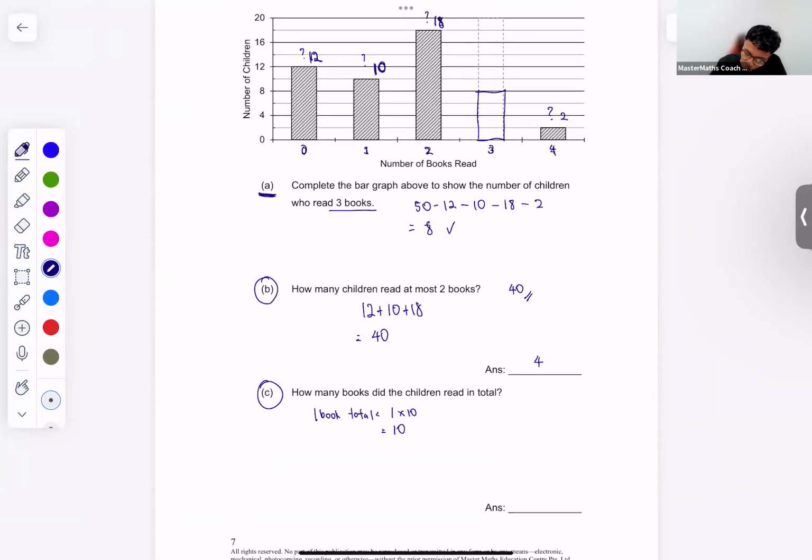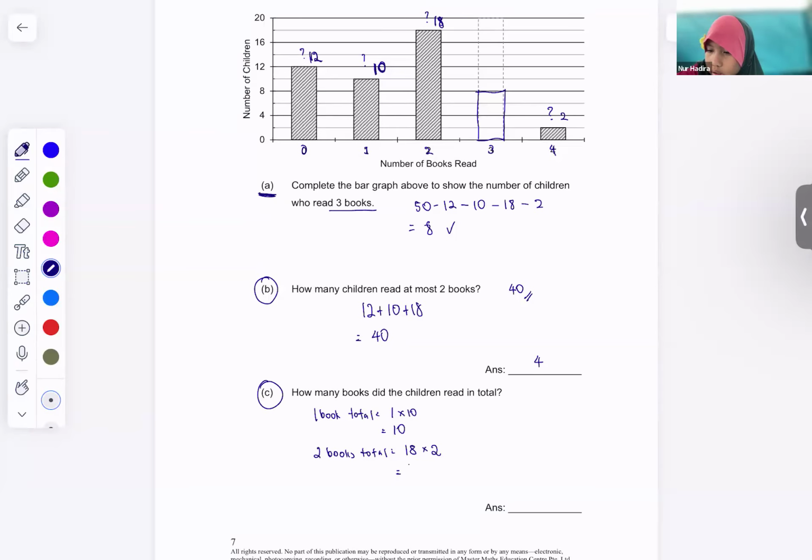Okay, for two books total, we have 18 children reading two books each. So what's 18 times 2? 18 times 2? 36.